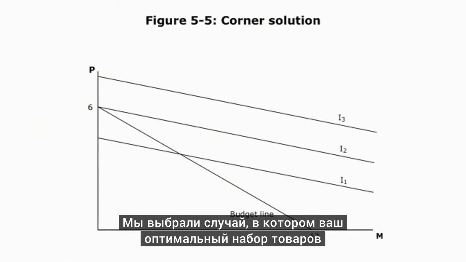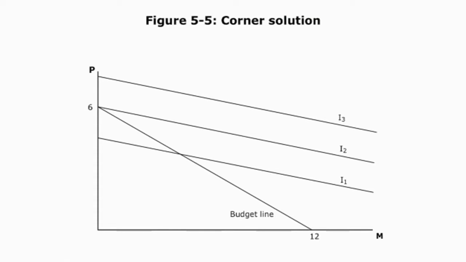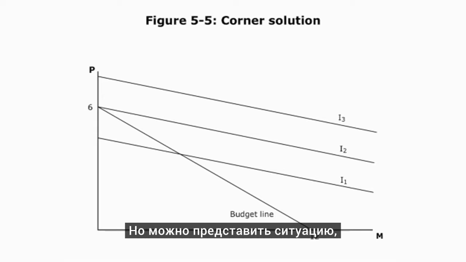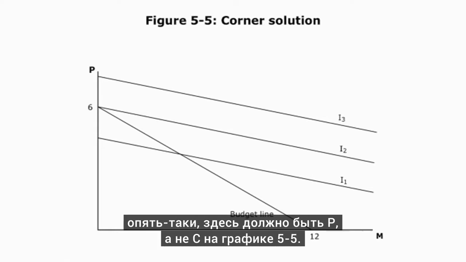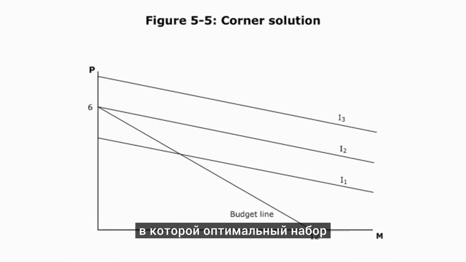We've chosen a case where your optimal bundle includes both pizza and movies. But you can imagine a situation where your optimal bundle includes only one or the other. And once again, that should be a P, not a C, in figure 5.5. There should be a P on the y-axis.